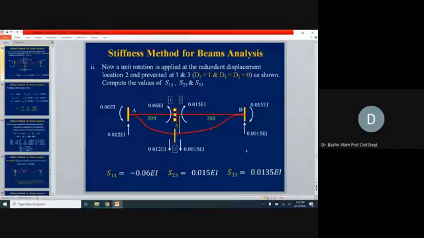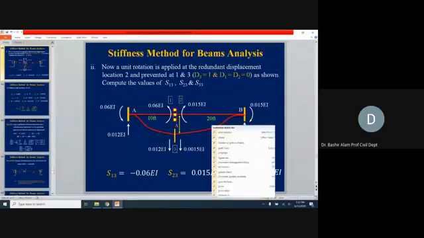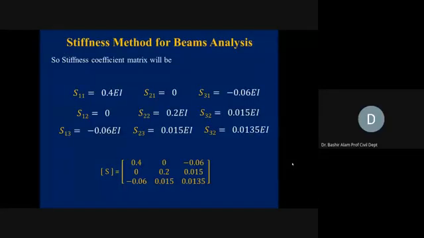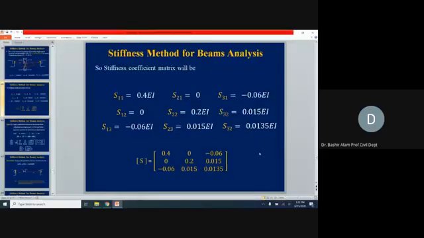S33. So we found 1,3, 2,3, and 3,3 also. With this now, I go to the presentation. Now here you see this is again 3,3. So we need to make these.